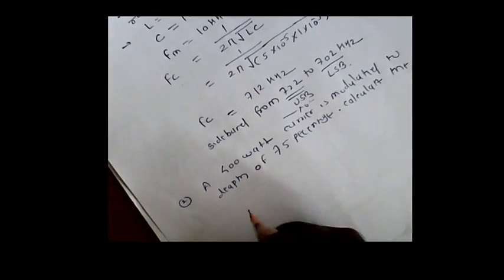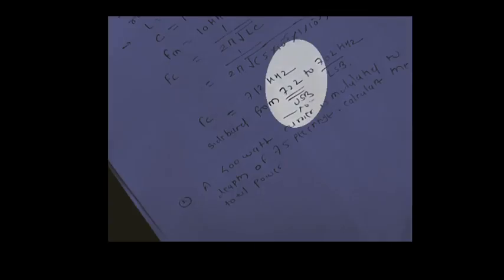Calculate the total power in the modulated wave. So we can calculate the total power. A 400 watt carrier modulated to depth of 75%, calculate the total power.